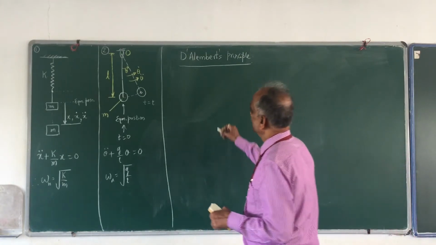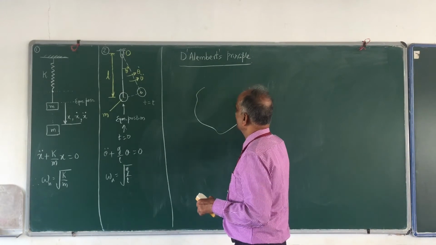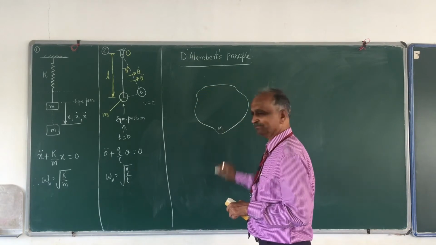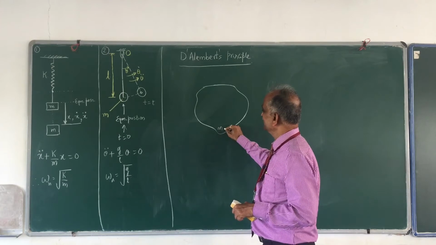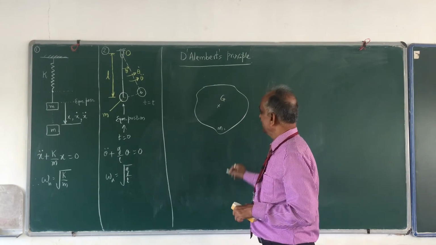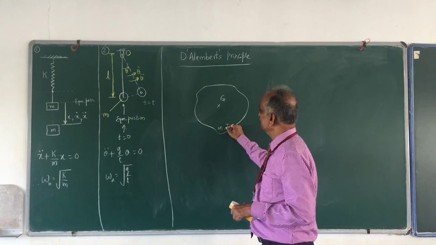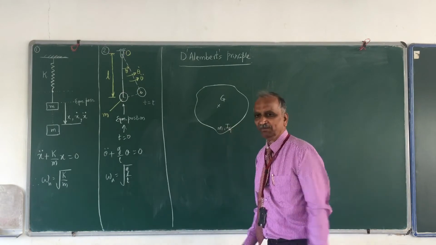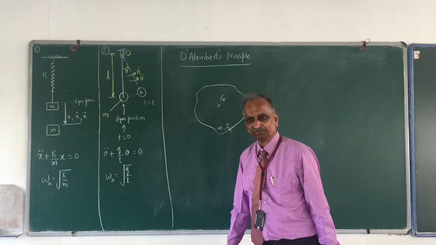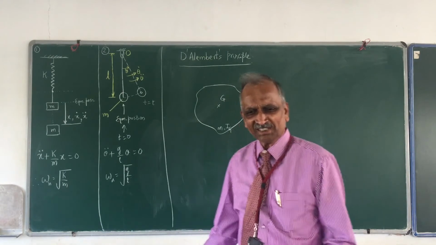So imagine a body whose mass is m, and say G is the center of gravity of this body, and I suffix G is the moment of inertia of this body about G. G is the center of gravity.